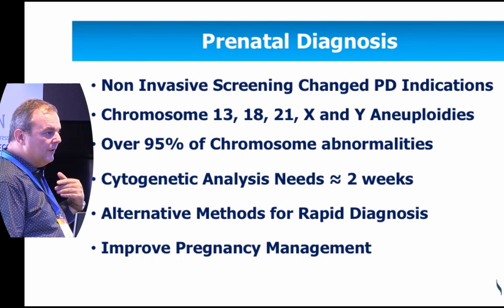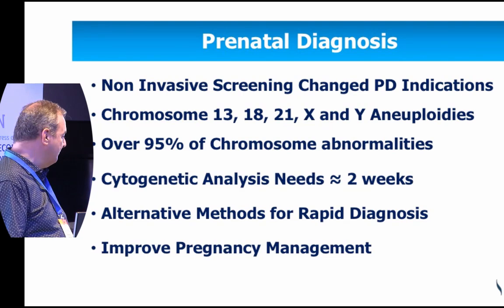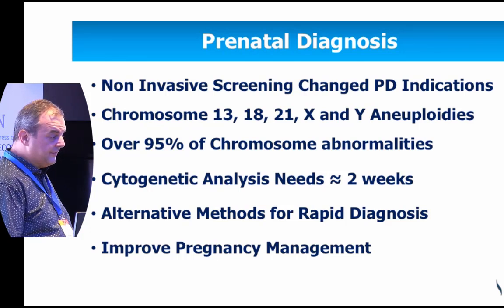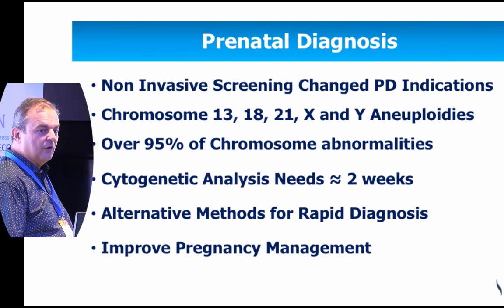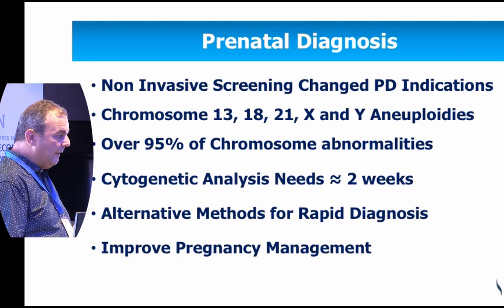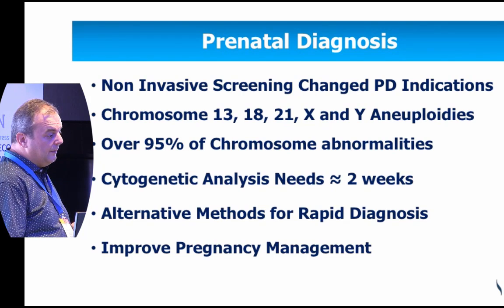So what changed? While karyotype analysis and cytogenetics have been almost the same for over 40 years, what changed very quickly in prenatal diagnosis was the indication to obtain samples, especially with the advent of high-resolution ultrasound and improved screening in the first and second trimester.